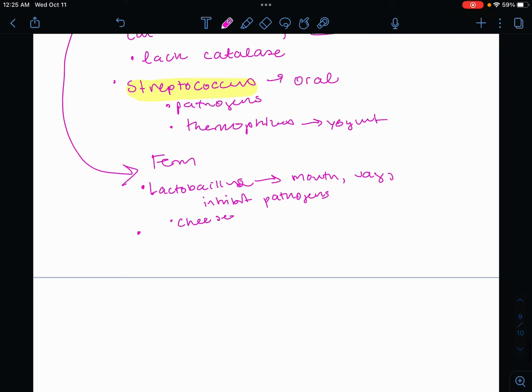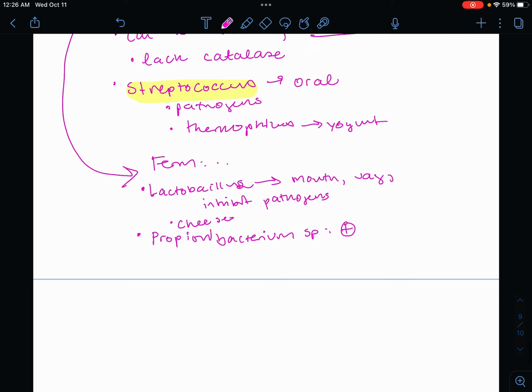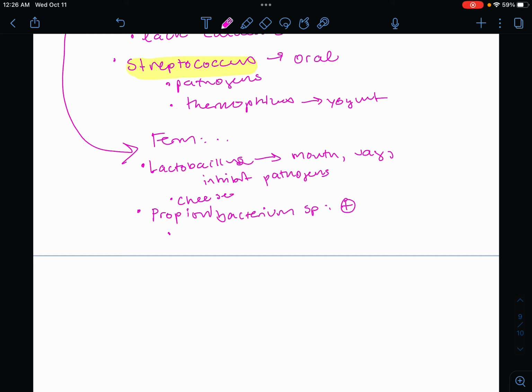We also could talk about the Propionibacterium species. And these are gram-positive pleomorphics. And they produce, of course, propionic acid. Their genus name kind of sounds like propionic, so they might have something to do with it.